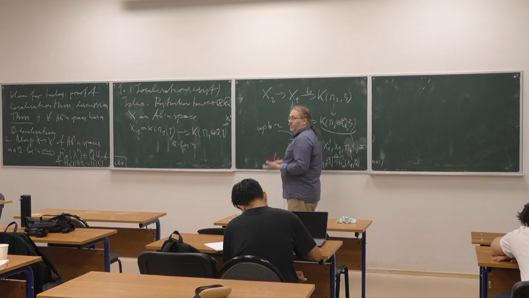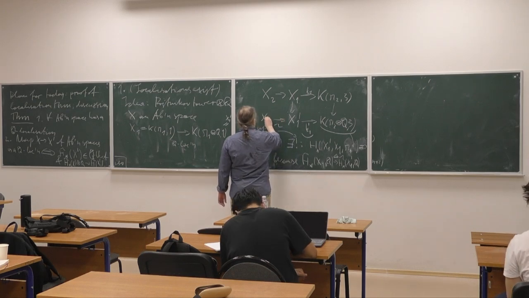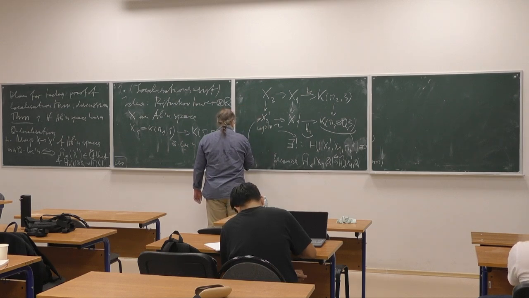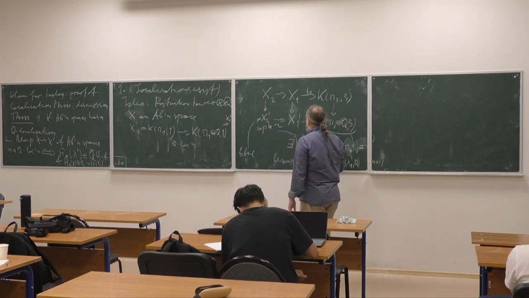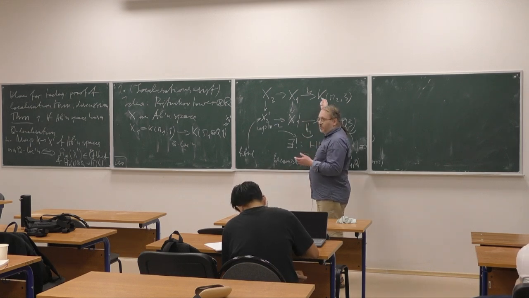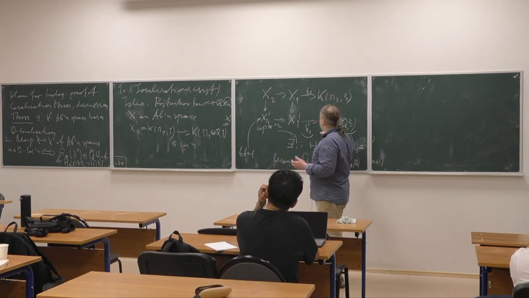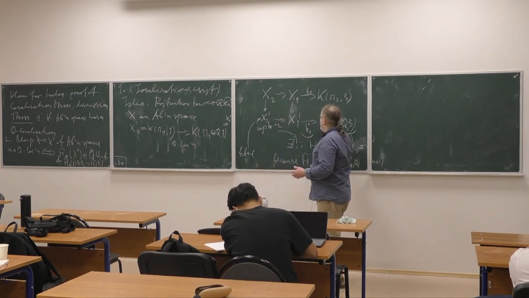So we have this diagram. This induces a map of the path-loop fibrations. Well, more precisely, the map of the pullbacks of the path-loop fibrations. We have a path-loop fibration on this space. Pull it back, we get this fibration. We have the path-loop fibration on this space.